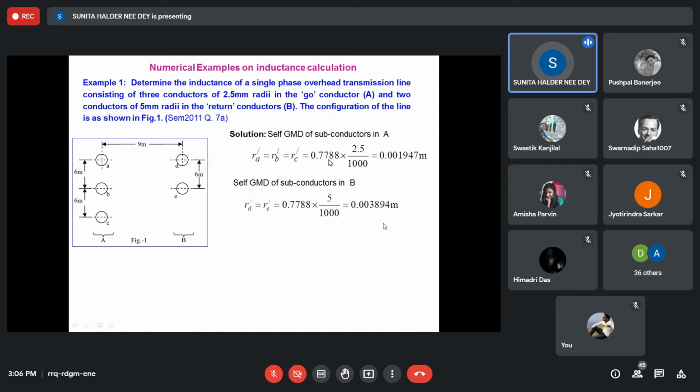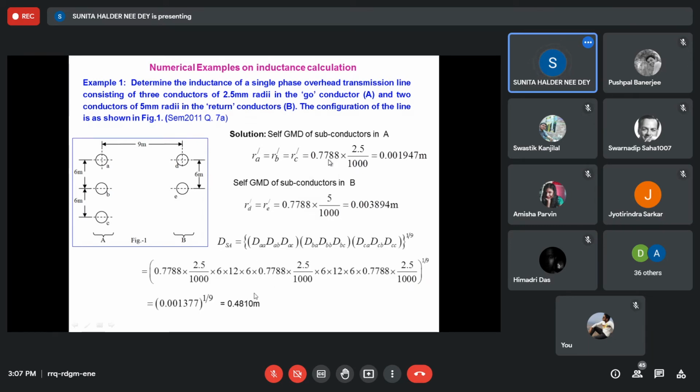Always express the radii in meter. It is my suggestion because distances will be in meter. Otherwise, we have to convert everything in centimeter, since radii are generally in centimeter, and then the digits will be longer. Anyway, you can do anything.